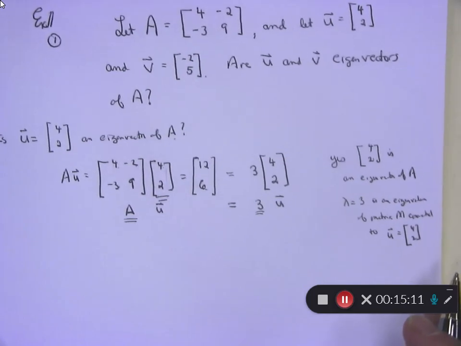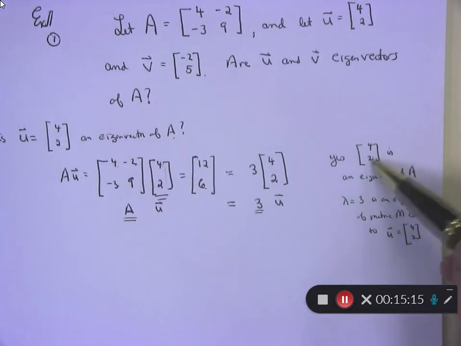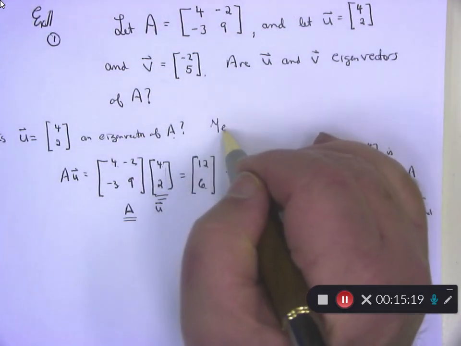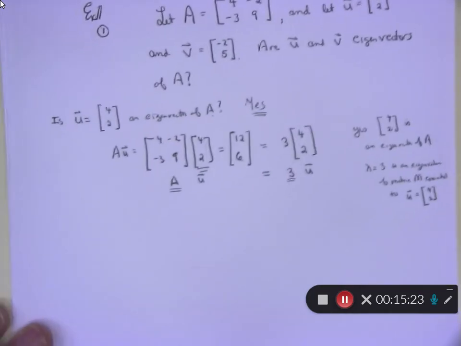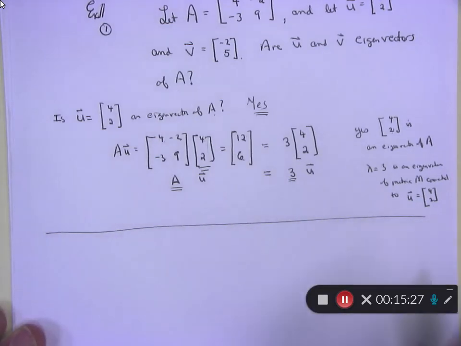So lambda equals 3 is the eigenvalue, but the vector (4, 2) is the eigenvector. So the answer to the question is yes. Does that make sense?